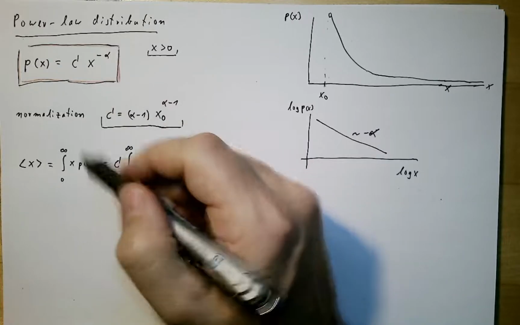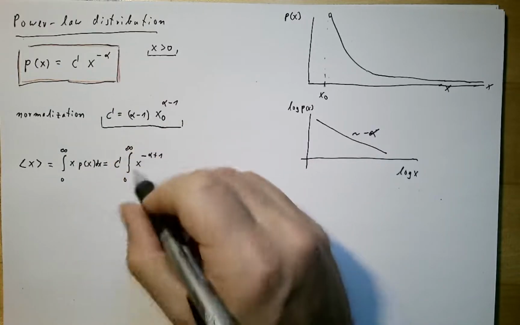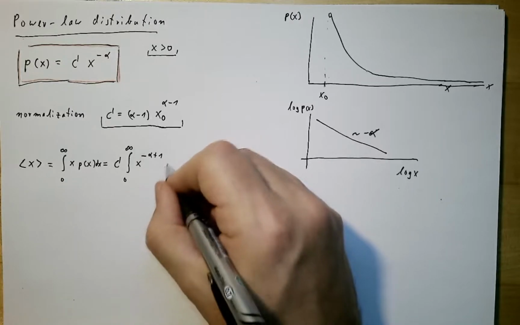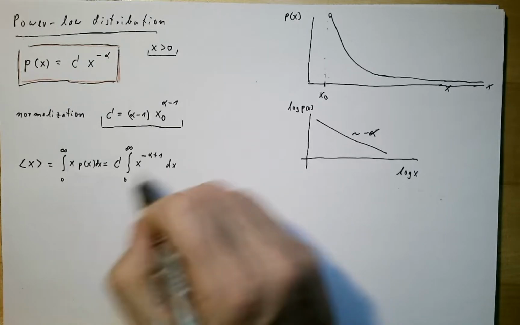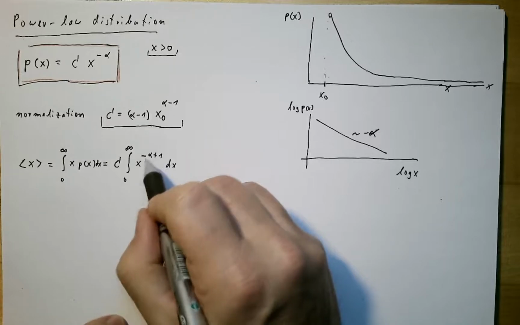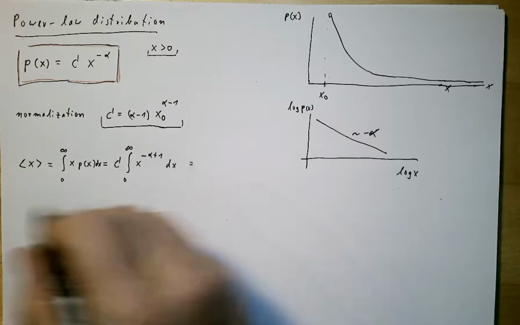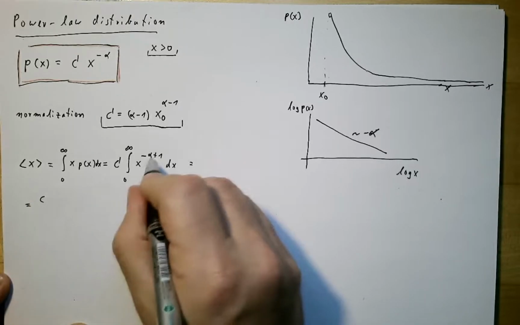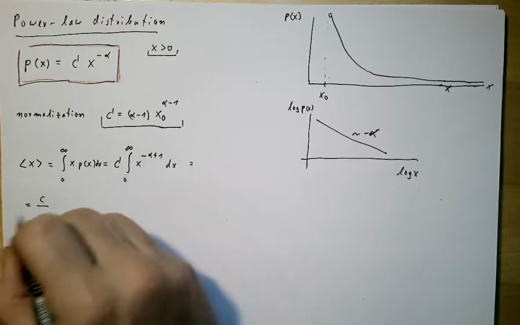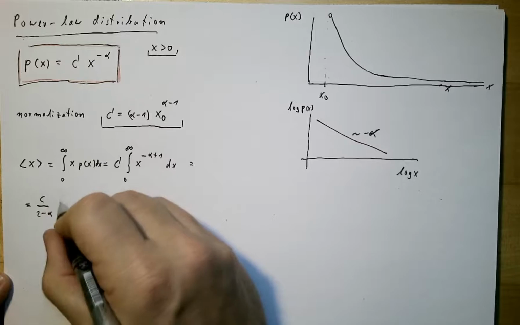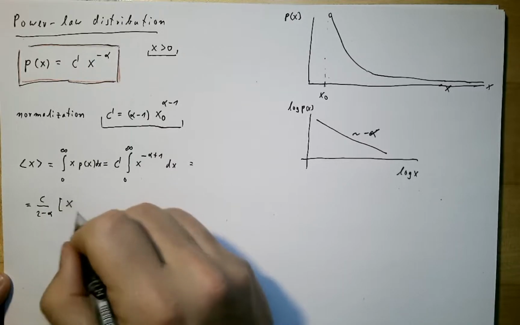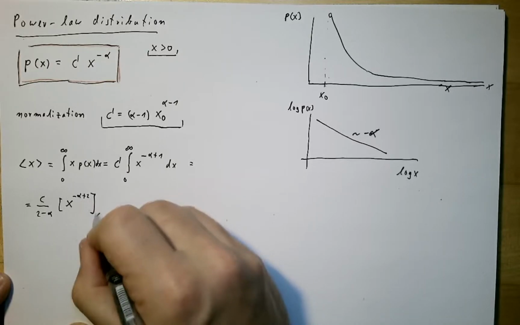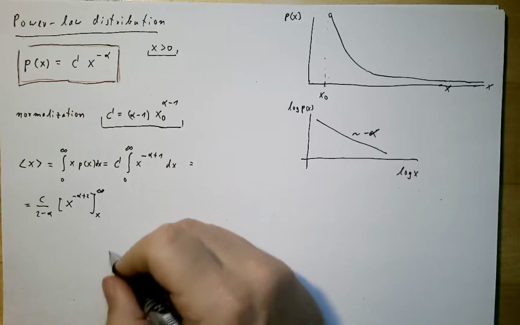That's always the trick when we integrate. When we calculate the mean, the exponent becomes plus 1, so we integrate this and get c over 2 minus alpha, times x to the minus alpha plus 2, with borders from x0 to infinity.